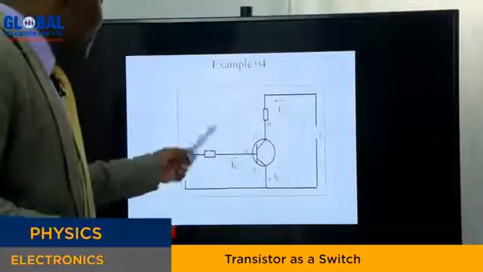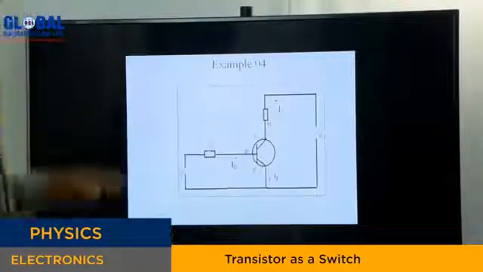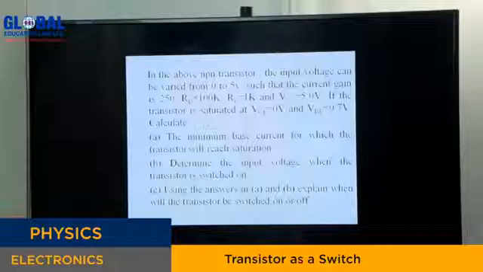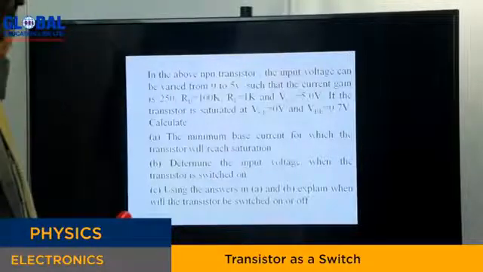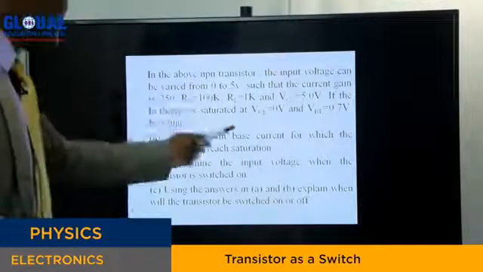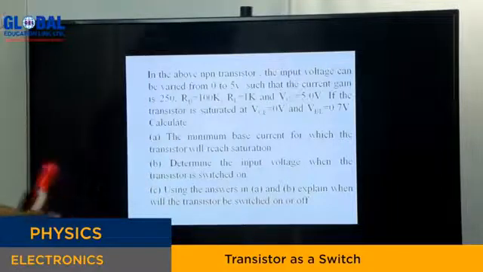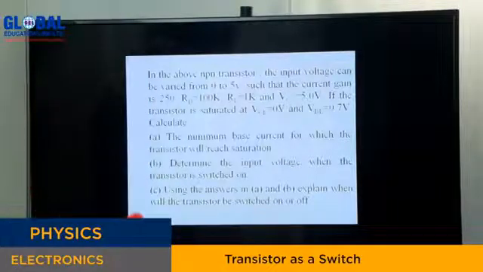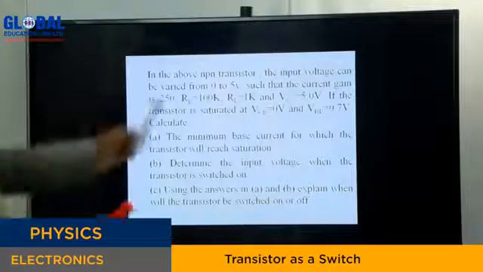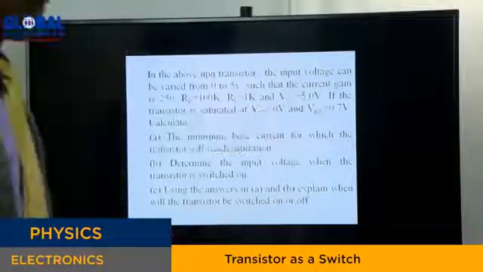Now, from the information given in the circuit, the input voltage in the above NPN transistor can be varied from 0 to 5. The input changes from 0 to 5, and that 5 is the supply voltage.